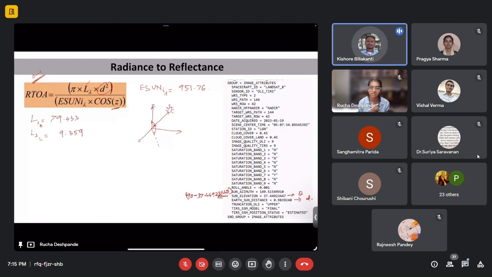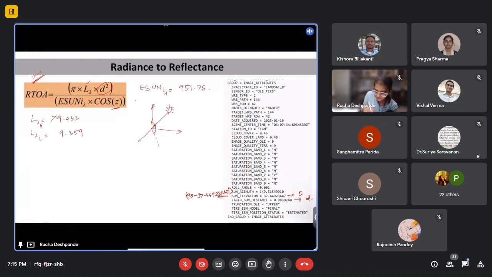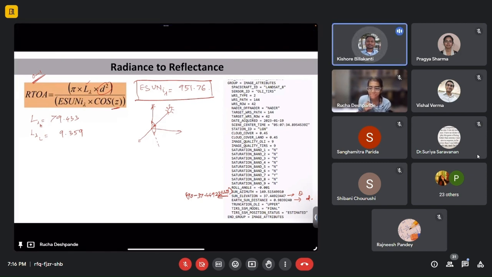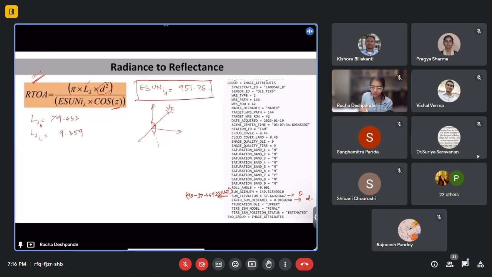See, how do we get this exo-atmospheric value? Is it from the same data? Yeah, so this is defined priorly for the Landsat band. For Landsat 8, this is the standard value. The thing is, I took this for an example.